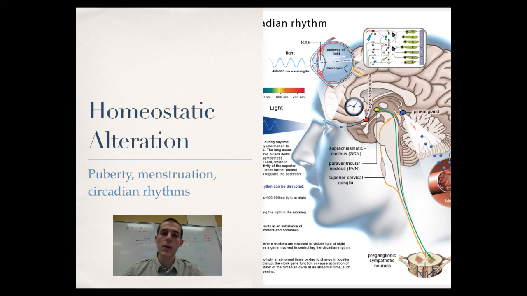They are regular rhythms that happen over a 24-hour period, usually have to do with us being awake or asleep, and body temperature rises and falls along with our circadian rhythm. Usually in the evening when you're sleeping, your body temperature might drop as much as a full degree, and when you're awake, it might go up as much as a full degree. So throughout that 24-hour period, our homeostatic set point is changing quite a lot.